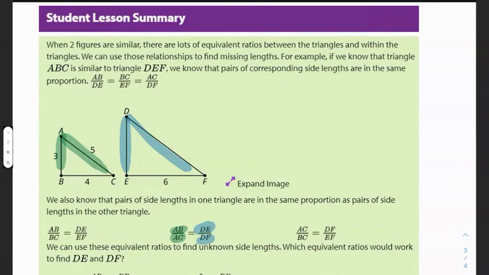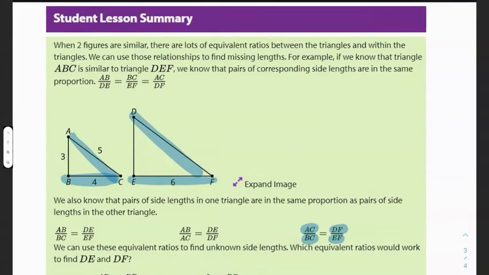Let's look at the next one. AC is to BC, so hypotenuse to the base, is to DF, the hypotenuse, to EF, so hypotenuse to the base. So you're comparing oranges to oranges and apples to apples. Basically that's the idea of proportionality statements.